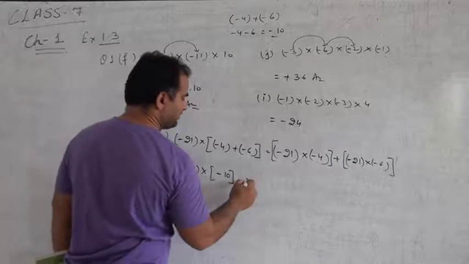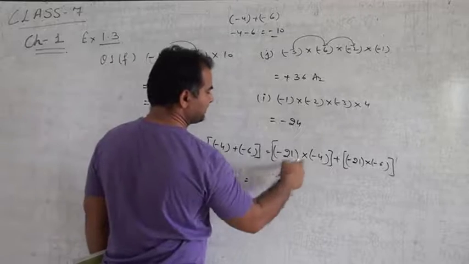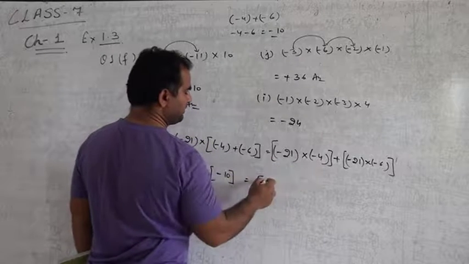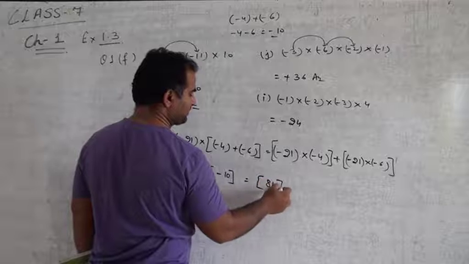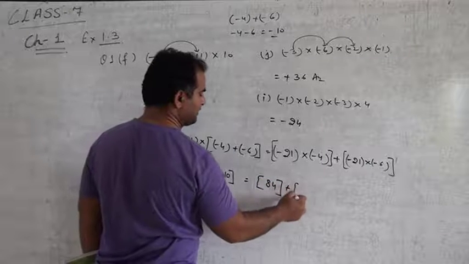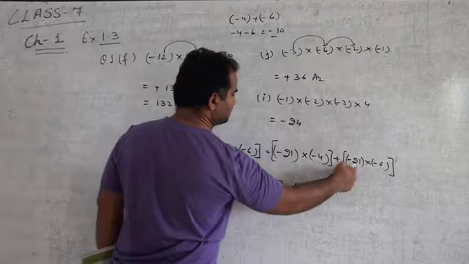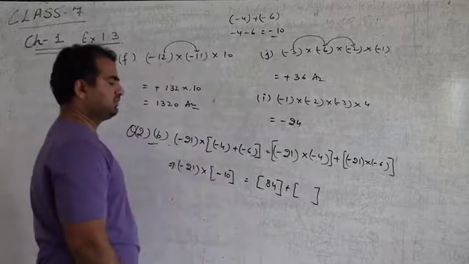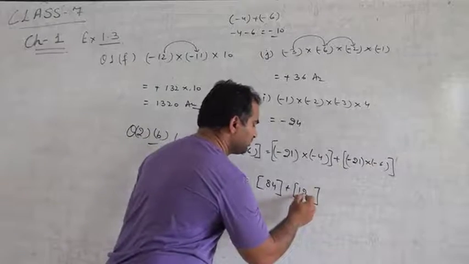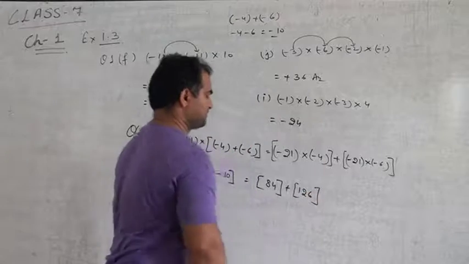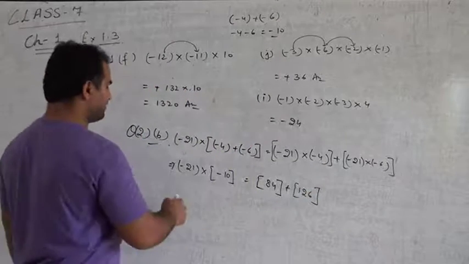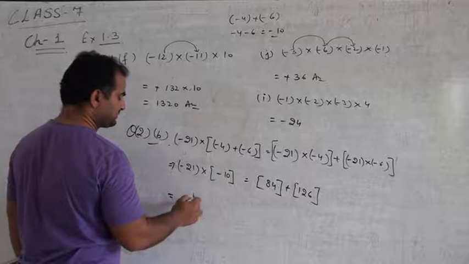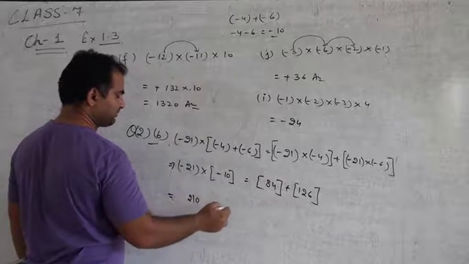Done? Equals to, what is minus into minus? It will be positive, 21 into 4, 84. Plus again little bracket. What is minus into minus? It will be positive. What is 21 into 6? It will be 126. Done? Now minus 21 into minus 10 will be plus 210.